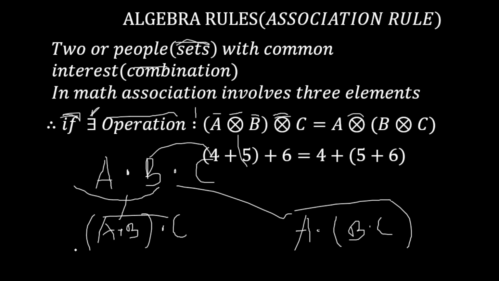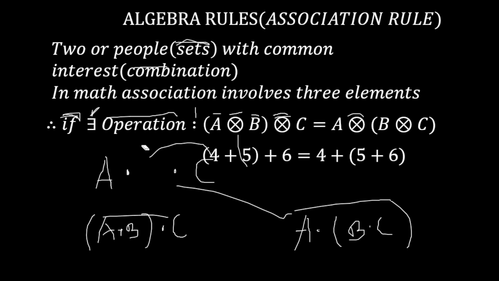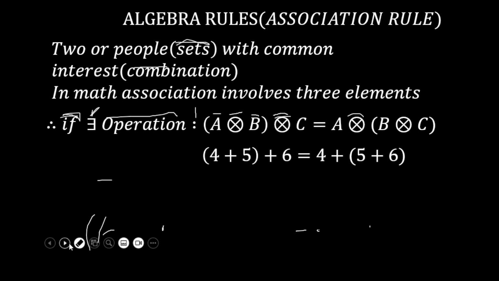So please let me clear the board so that you can see what we're trying to talk about here. Now, you will see that this operation is talking about something.